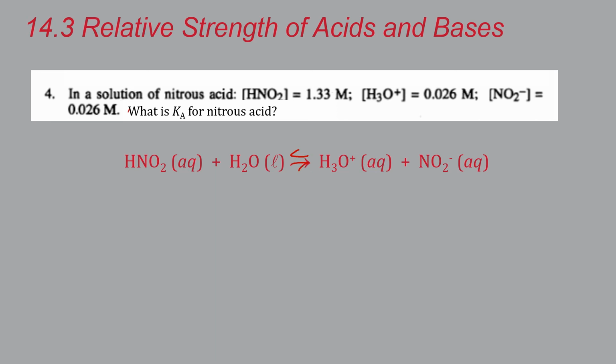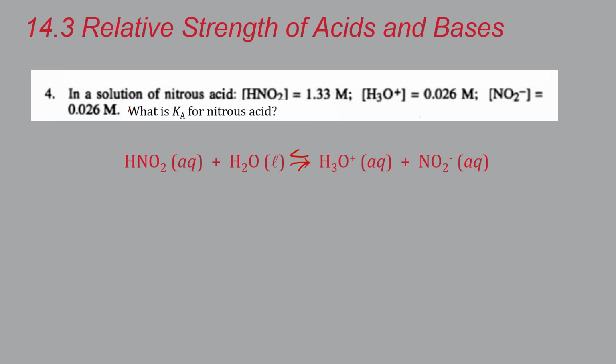And here, we're talking about HNO2 donating a proton to water to form hydronium and the nitrite ion. So let's do a little bit of other labeling here while you're at it. Label the acid, label the base, and label the conjugate base and the conjugate acid.